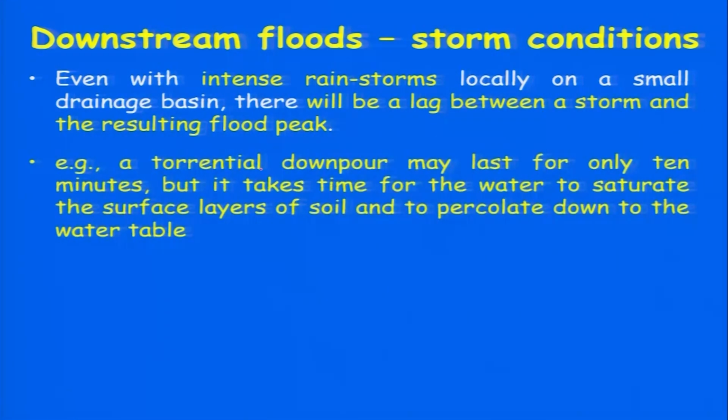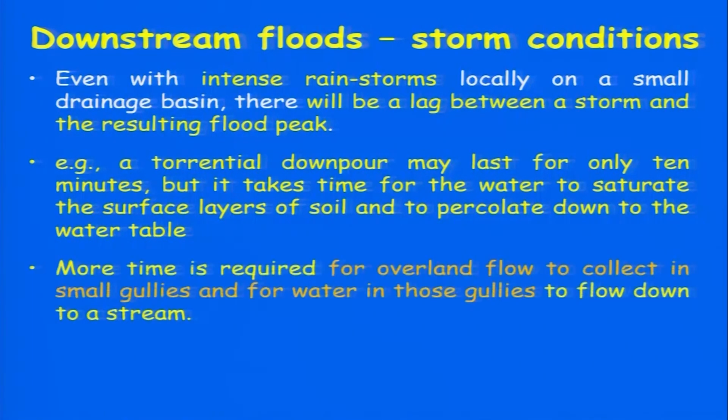For example, a torrential downpour may last for only 10 minutes, but it takes time for the water to saturate the surface layer of soil and percolate down to the water table, which is what we were talking about, the gaining stream and all that. More time is required for overland flow to collect in small gullies and for water in those gullies to flow down to a stream, that is, the small tributaries getting water into the main stream.